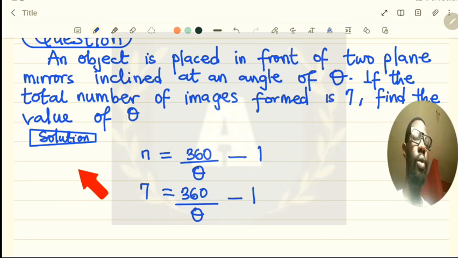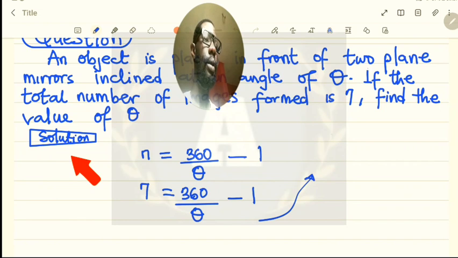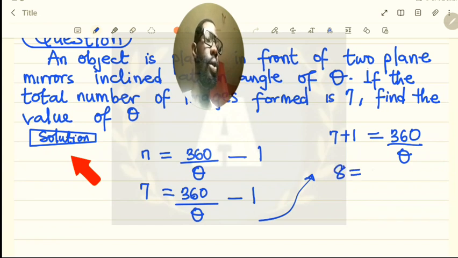Okay, so when minus 1 comes to this side, it's going to change to plus. So we have that 7 plus 1 is equal to 360 divided by theta. So that is 8 equal to 360 divided by theta.